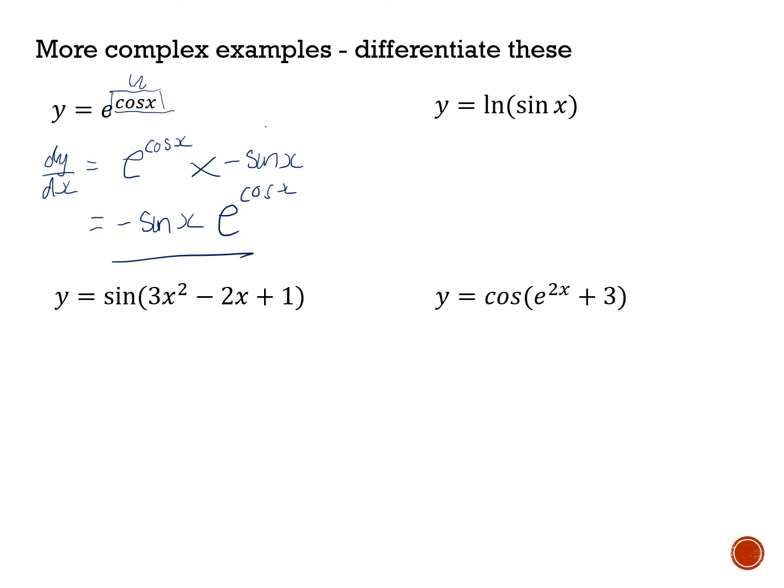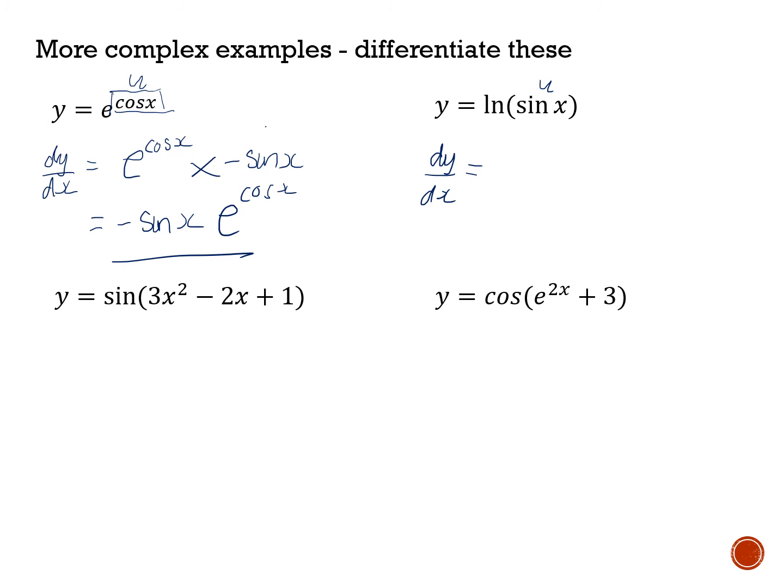Right, and ln. Okay, what's my u here then? I think it's going to be the thing in the bracket here, isn't it? So it's ln of something, so it's ln of u. Now when I differentiate, what do I get if I differentiate ln of u?